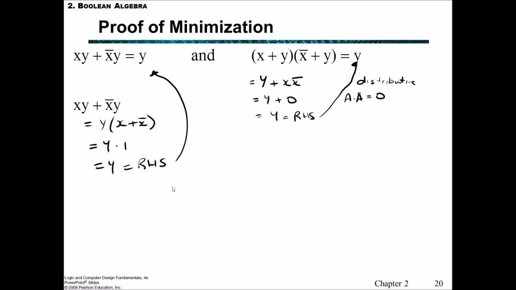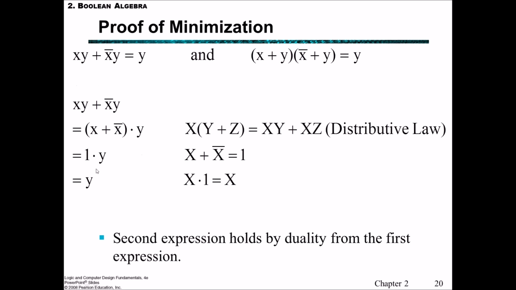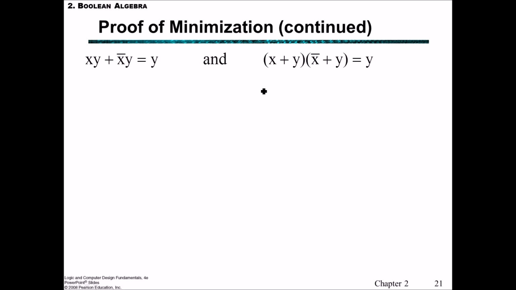But something else that's interesting is that if f is this, the dual of f equals the second expression. And so you could also say that the second expression holds by the duality of the first expression. Another way to prove the second expression without using the distributive law is to expand it out first.